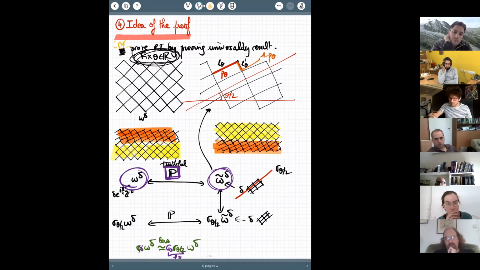Why is it good? Because now imagine that I can prove to you that these star-triangle transformations don't modify substantially the shape of the loops.